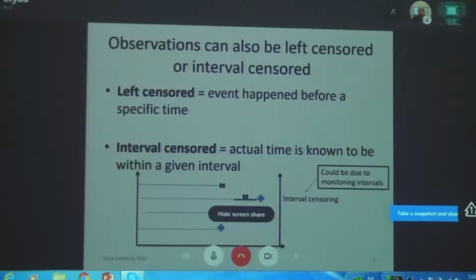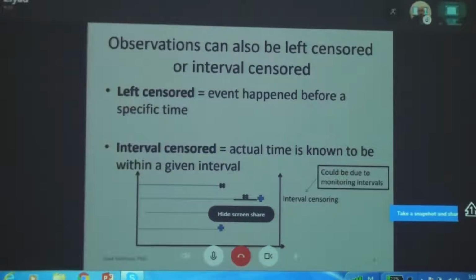Left censored data is when you know that the event happened before a specific time. Suppose you're looking at survival time for people with skin cancer. You might have people who come to the study who already have skin cancer, so we don't know the exact time of the occurrence of the disease.